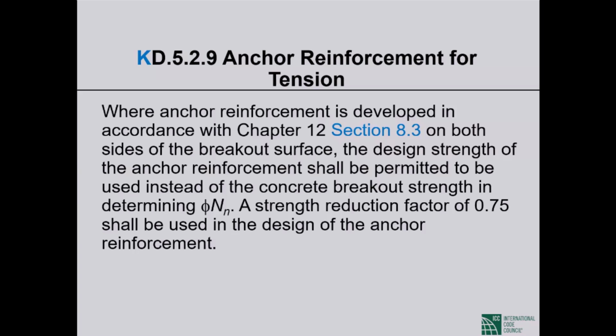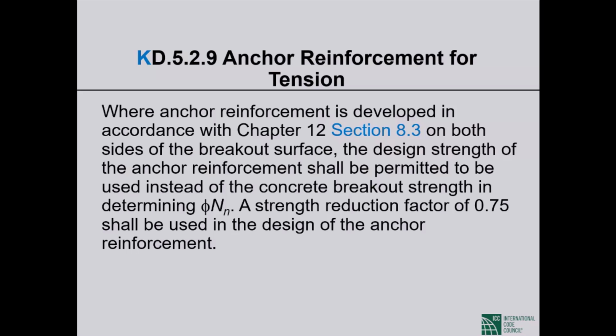So where anchor reinforcement, that is the key, is developed in accordance with 8.3 on both sides of the breakout surface, the design strength of the anchor reinforcement shall be permitted to be used instead of the concrete breakout strength in determining phi times N sub n.